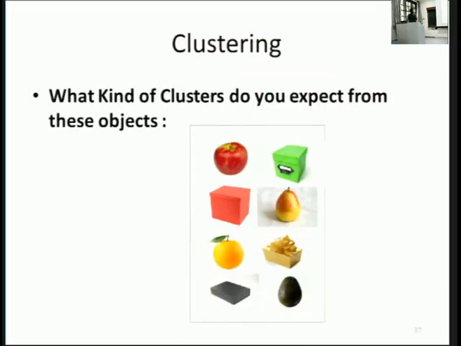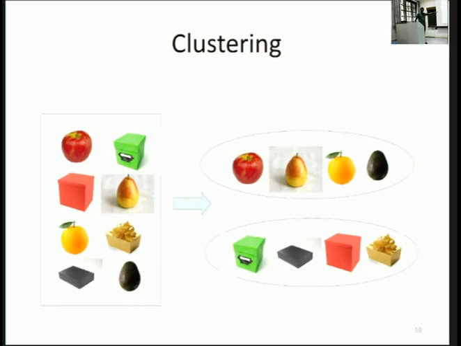Okay. So clustering also has this problem: unsupervised learning is not as concretely defined as supervised learning, because what clusters to form kind of depends on the person looking at it. For example, if I give you these images and ask for 2 clusters, one way could be all the cubes and cuboids in one and all the fruits in another.